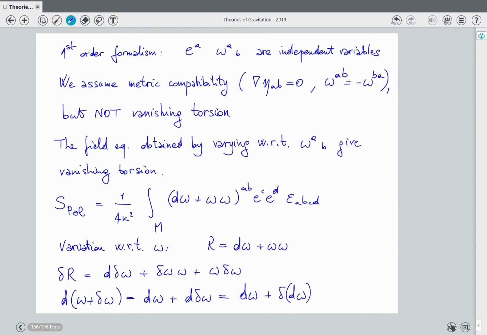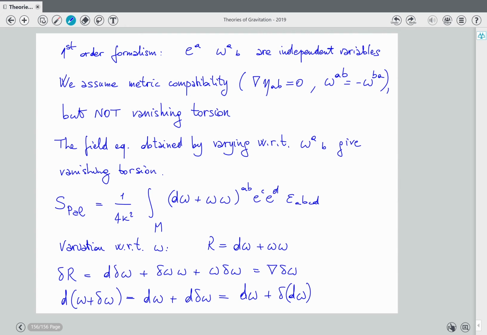Well, as we saw the other time, this conspires to build something interesting, the covariant derivative of the variation. So in a curvature, there is no covariant derivative because the curvature is a primitive of the covariant derivative. When you vary the curvature, you get the covariant derivative of the variation of the connection. Why is that?